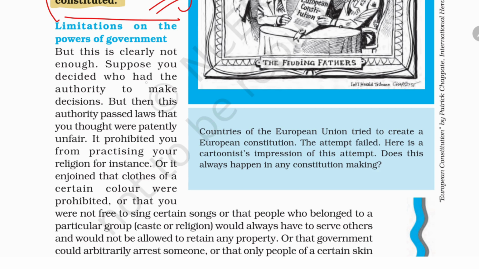Suppose you decide who has the authority to make decisions, but then this authority passes laws that you think are patently unfair.